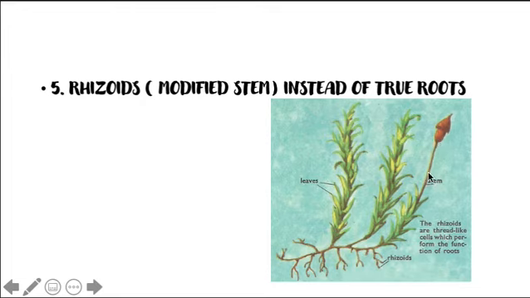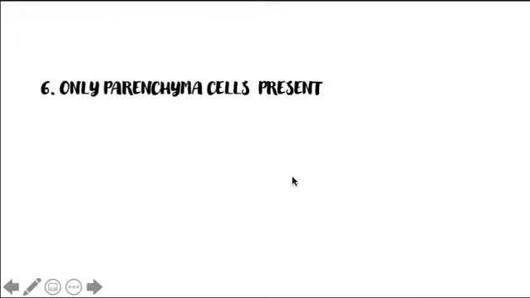Okay, so this is the stem. Part of the stem will modify itself to form the rhizoids. The rhizoids act like roots. They can absorb water and minerals. They also act as anchorage for the plant.